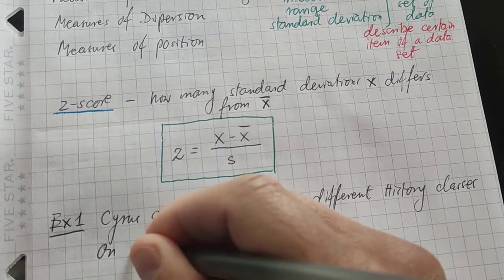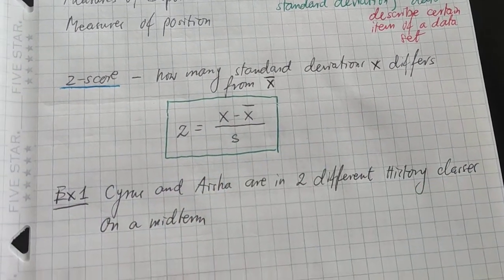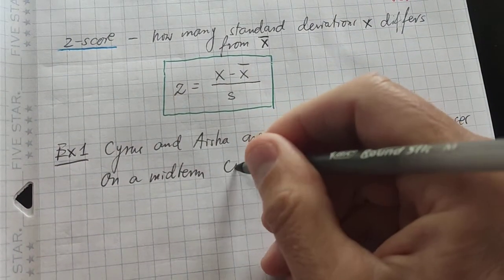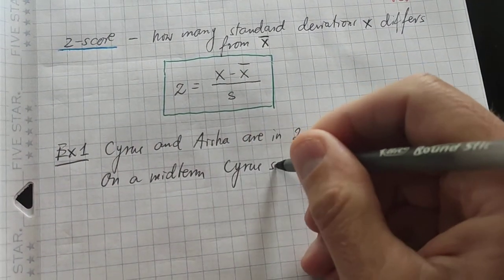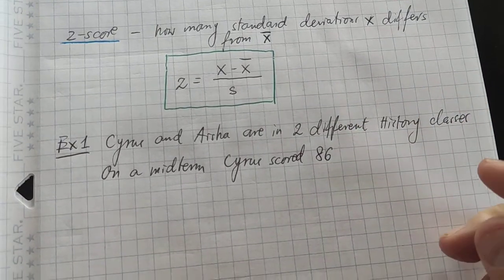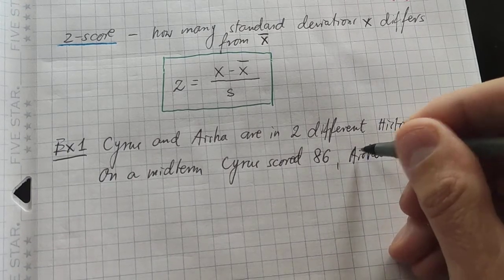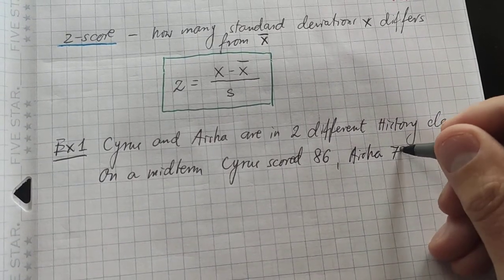On a midterm, Cyrus scored 86 points, or 86%, and Aisha 78.